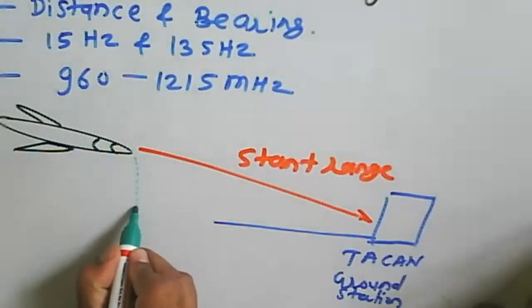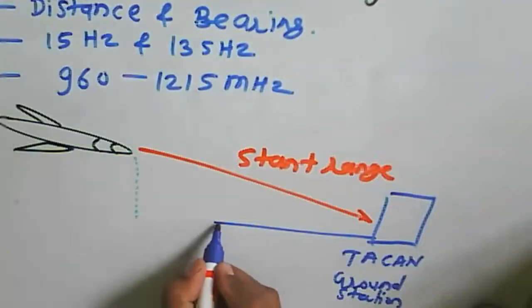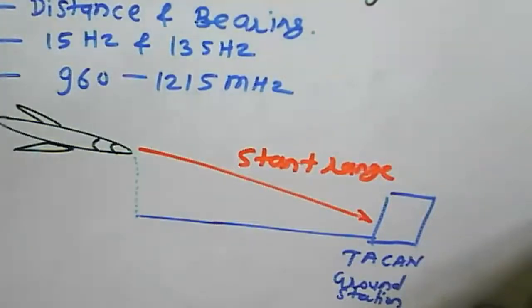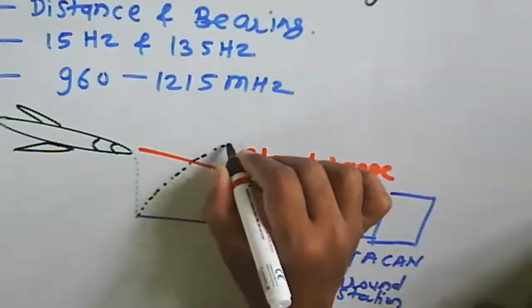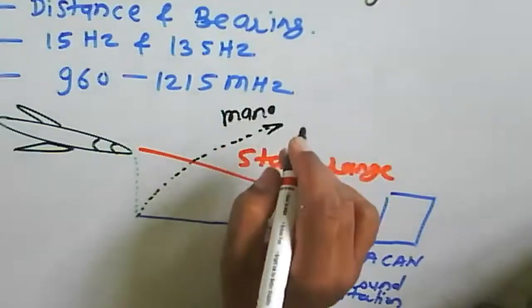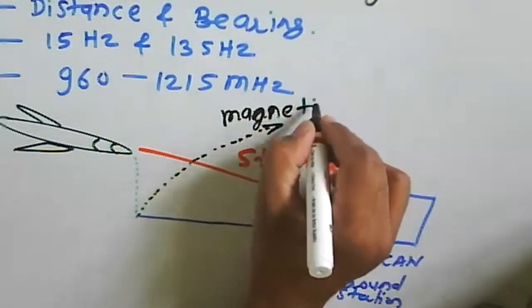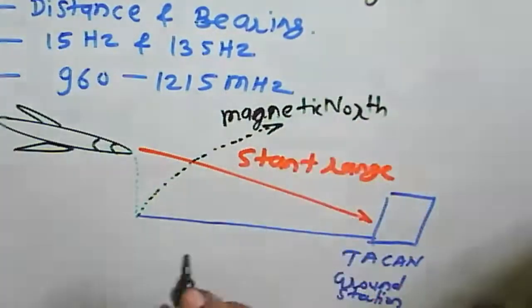From this aircraft, this one is the altitude. From this we can find the magnetic north, and then it will provide the information regarding the bearing.